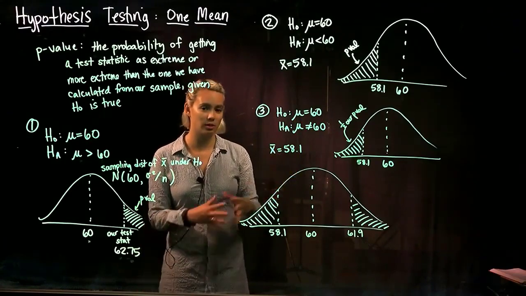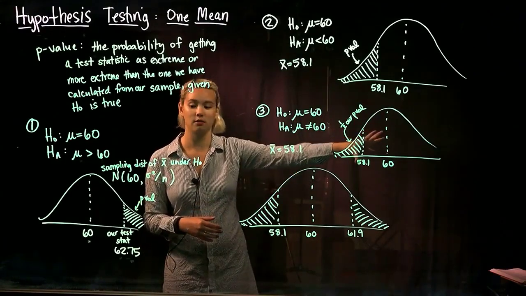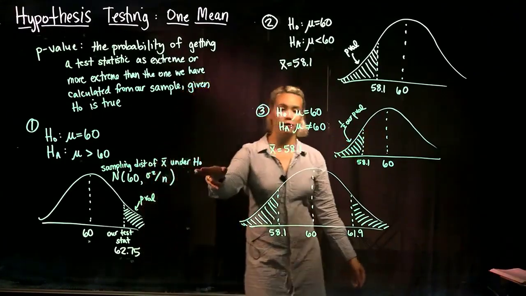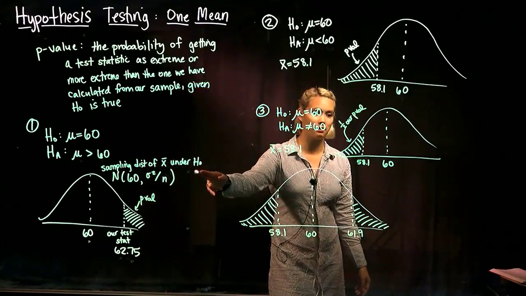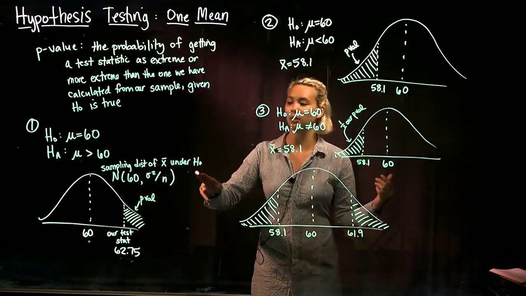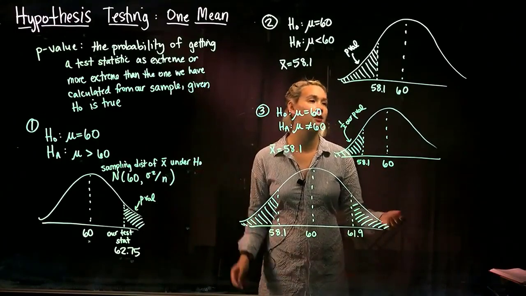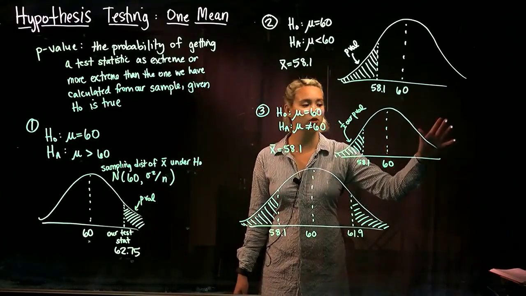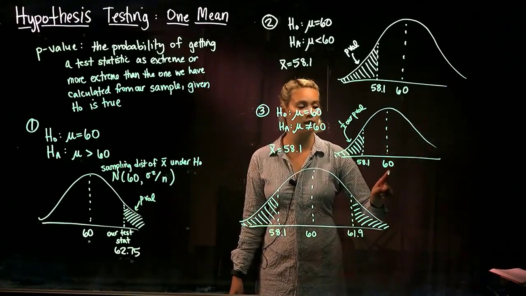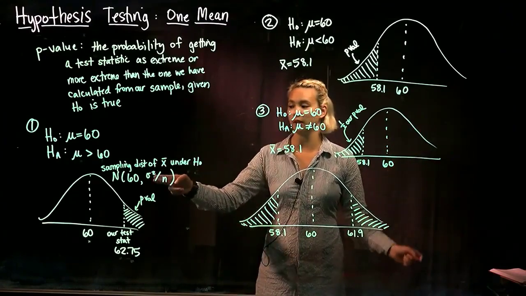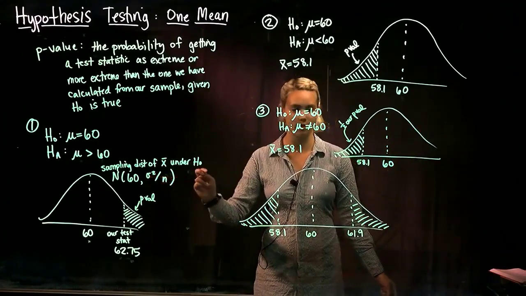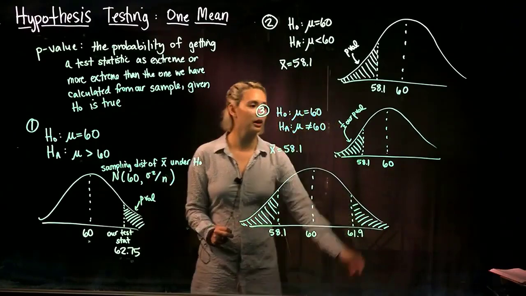Similarly, draw in our sampling distribution for x bar under the null hypothesis. It's the same old normal distribution centered at 60, with variance sigma squared over n.